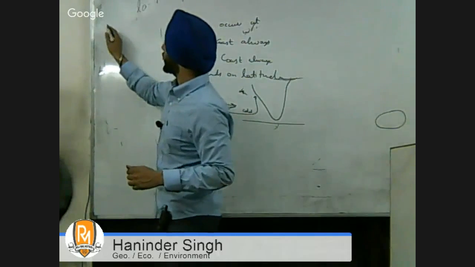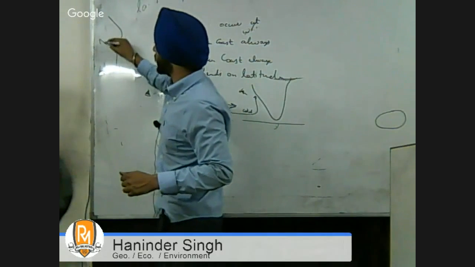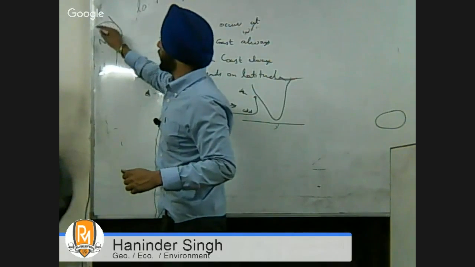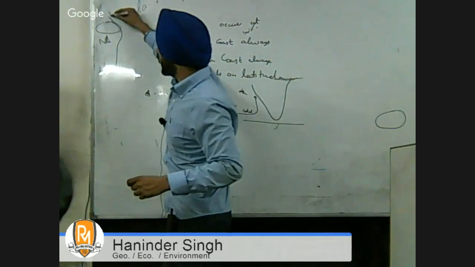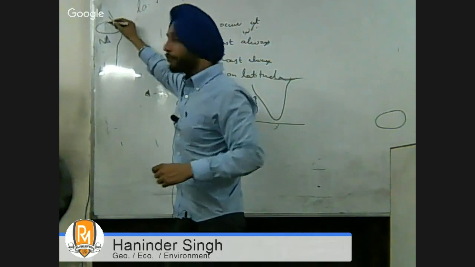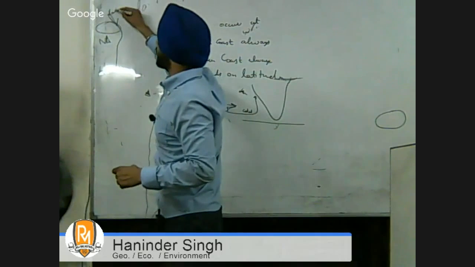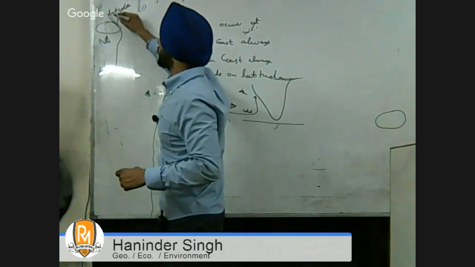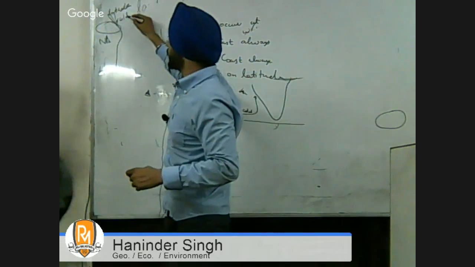Okay, let me take an example. Say this is North America, and here exists a country, the US and Canada. From here some sort of Labrador current comes, that is a cold current.